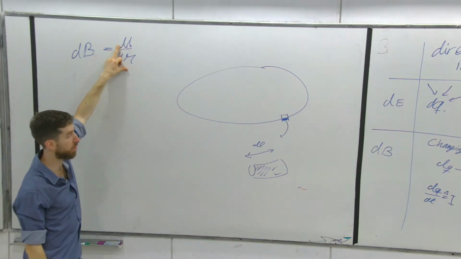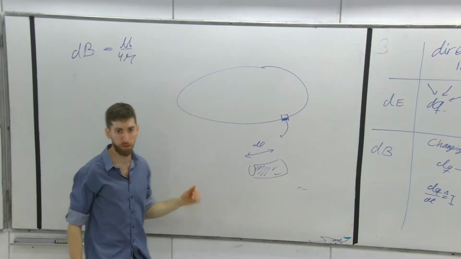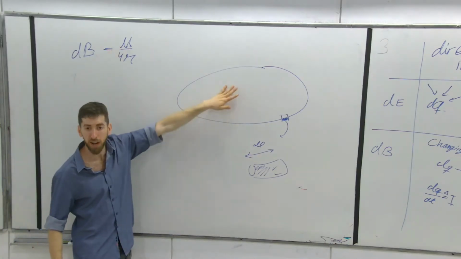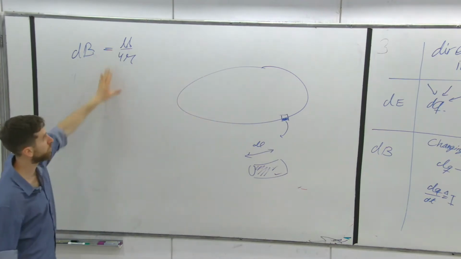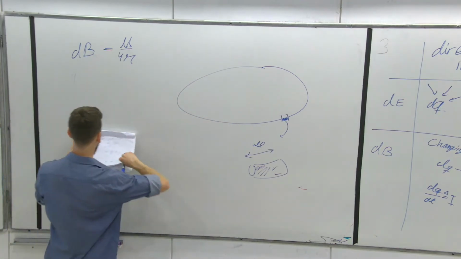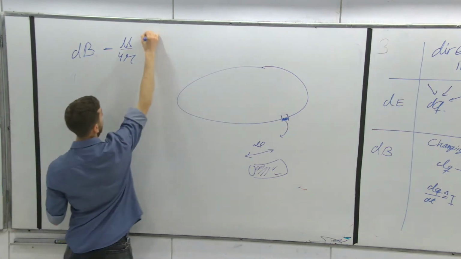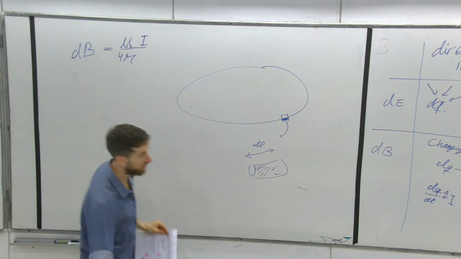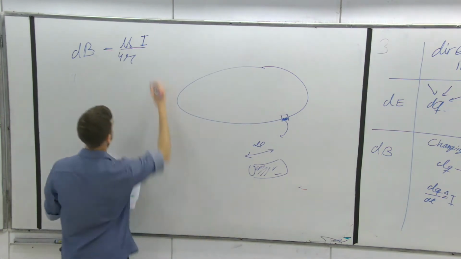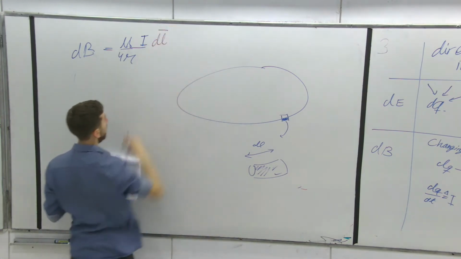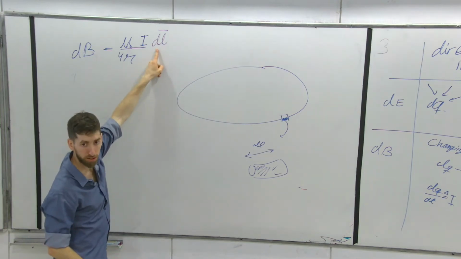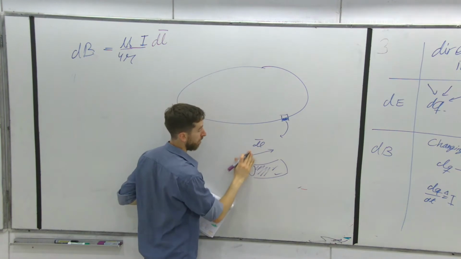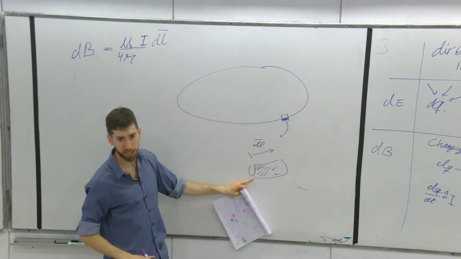The permeability tells what material I use. Here the magnetic field is in vacuum, so usually that's what you're gonna have. And I also have a current, which is given. Then I got dl. So what is my dl vector? The dl vector is a vector going with the current, and I need to give it a size.